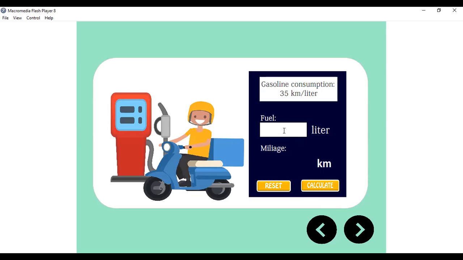And if we enter an alphabet letter in the blue column and calculate it, it will give an error. So we can only input numbers in the blue column.